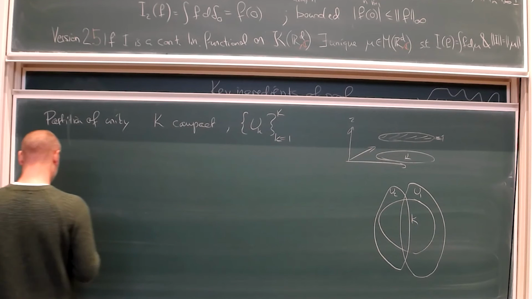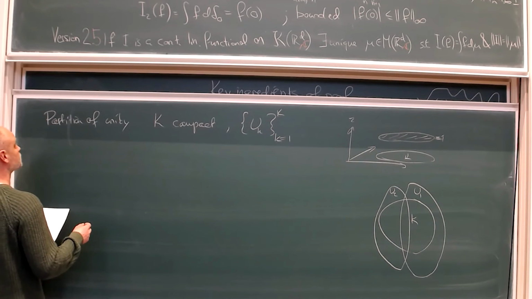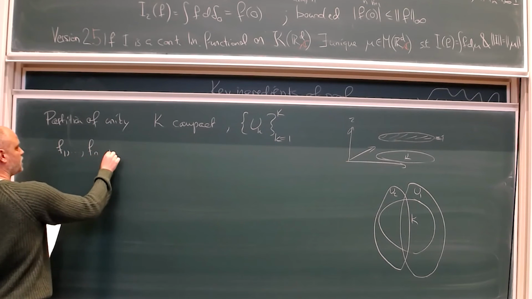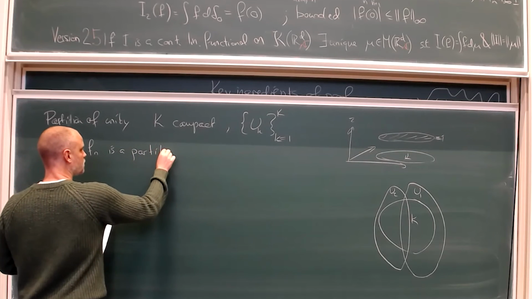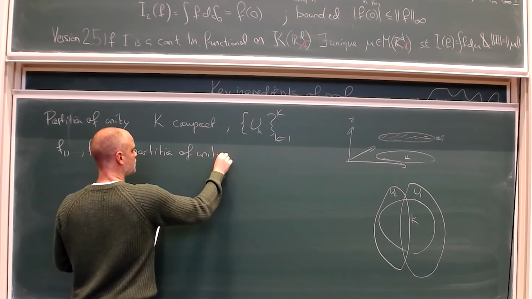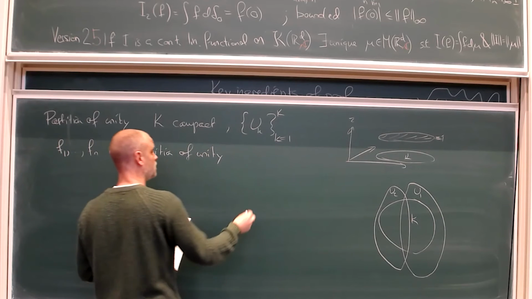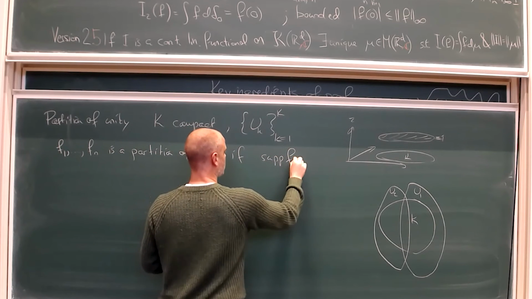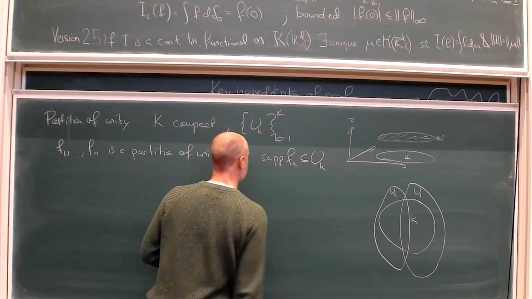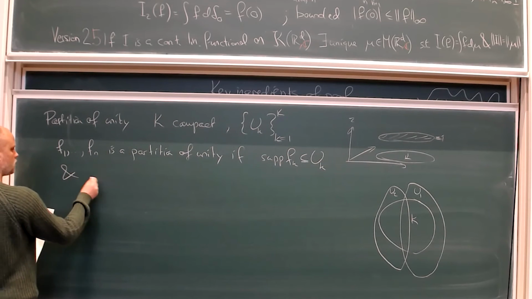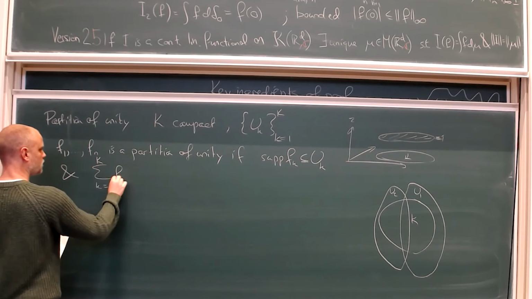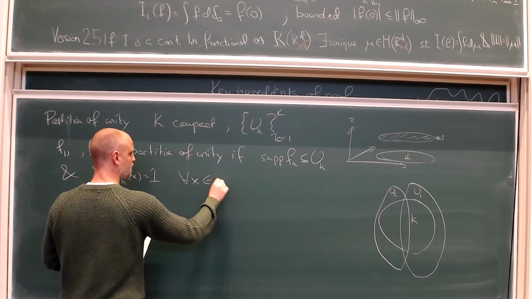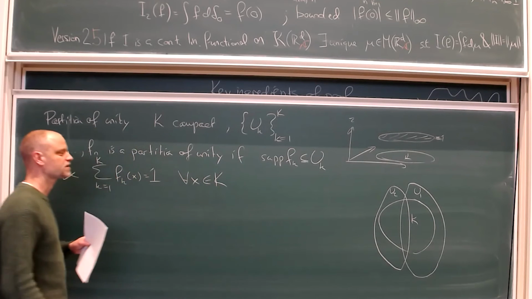So F1 through Fn is a partition of unity with respect to K and this covering if the support of Fk is a subset of Uk, and these guys sum up to 1 for all x in K.